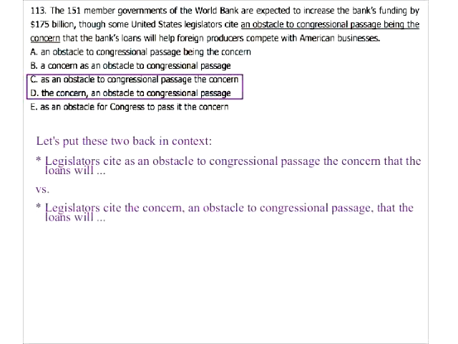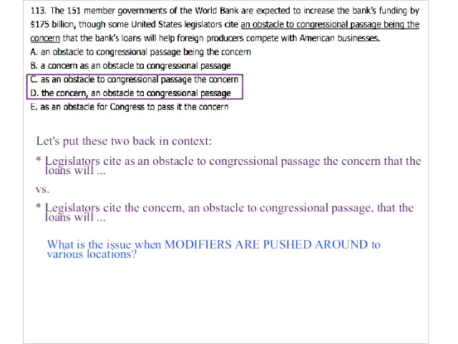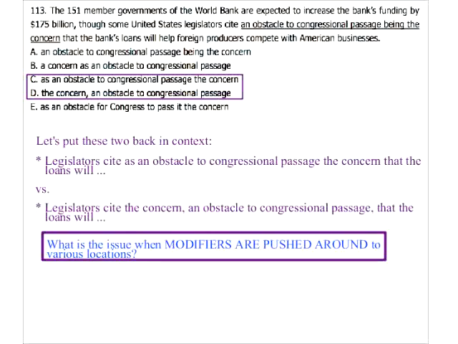So what are they doing here? What they're doing is they're just taking modifiers and kind of shoving them around all over town here. So what is the issue when modifiers are pushed around to various locations? Does anybody know what you should be thinking about in that sort of situation?